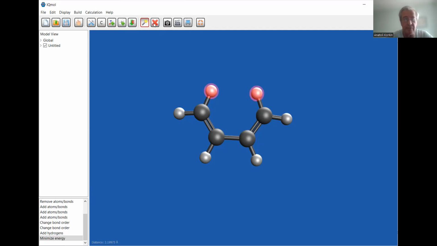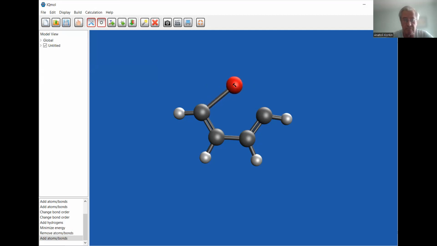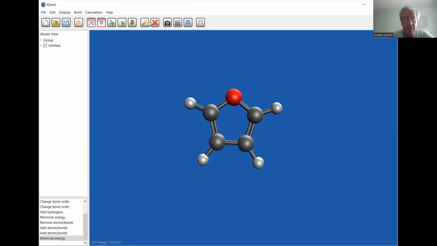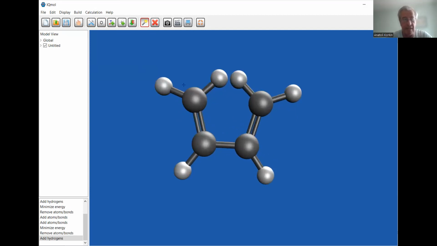I temporarily replace these hydrogens with an oxygen, optimize with molecular mechanics, then remove the oxygen, and add the hydrogen back. Now I create the guess structure for the disrotatory transition state by rotating by an arbitrary 45 degrees.